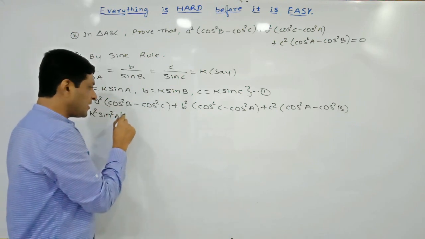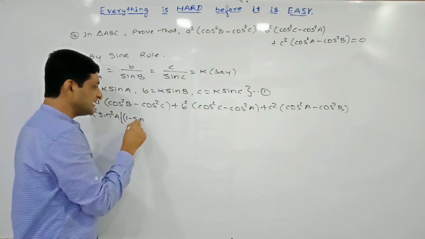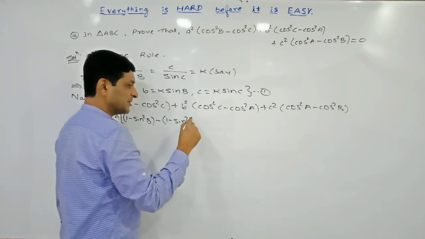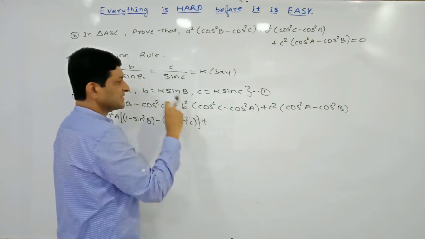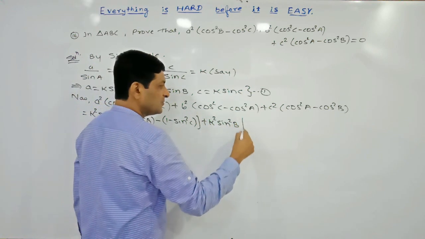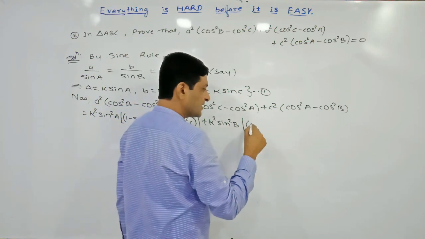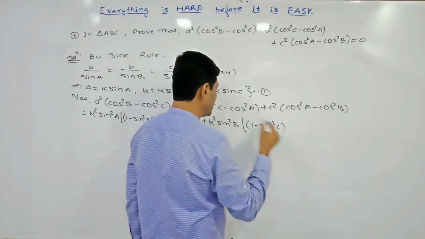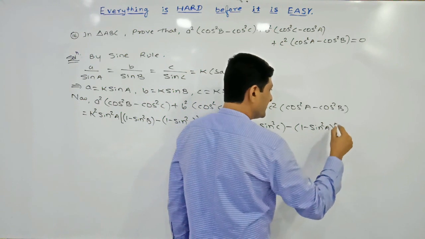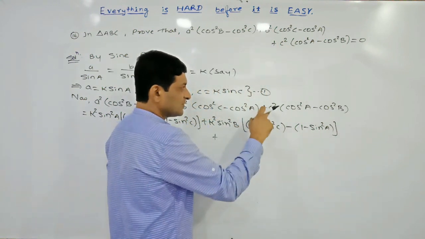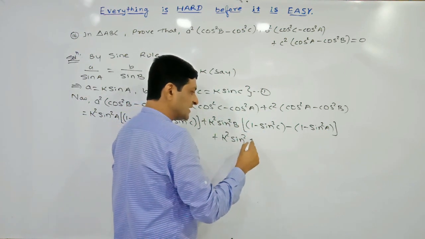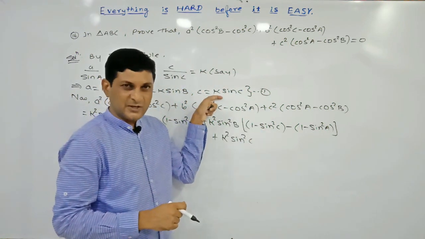So cos square B according to the identity can be written as 1 minus sine square B, minus cos square C can be written as 1 minus sine square C, plus b is nothing but k sine B, so b square means k square sine square B. Here we apply the identity: cos square C can be written as 1 minus sine square C, minus, keep it as it is, cos square A can be written as 1 minus sine square A. Again here plus c square, c is nothing but k sine C, so replace c square by k square sine square C, substituting the value of c from equation number 1.